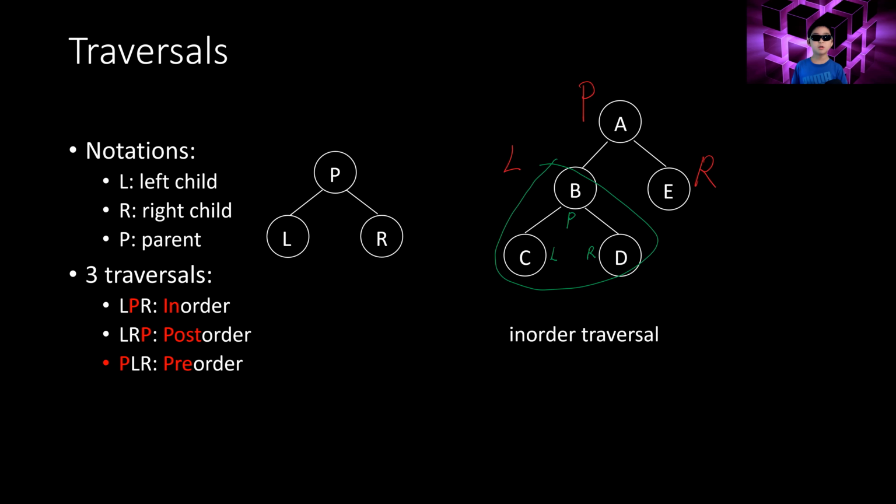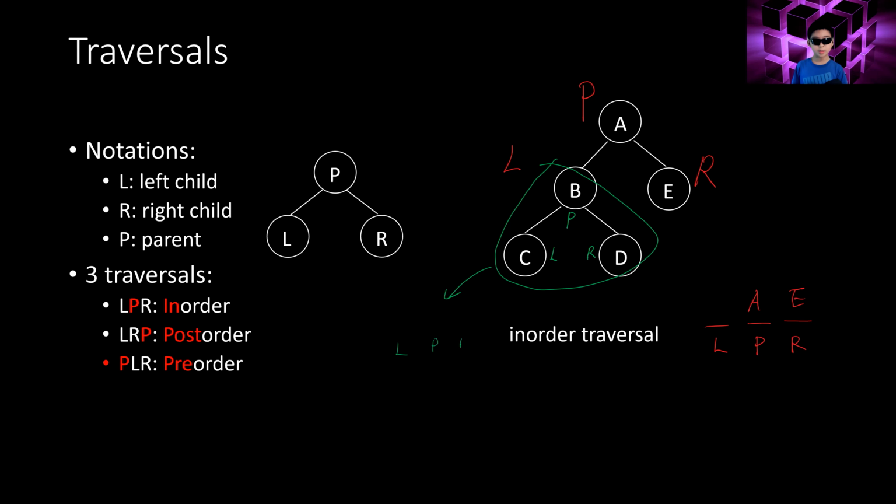First, we will do the in-order traversal. Let's start from the root. Following the in-order traversal, we visit the L, P, and R in that order. We know P is A and R is E. Now, let's work on L recursively.